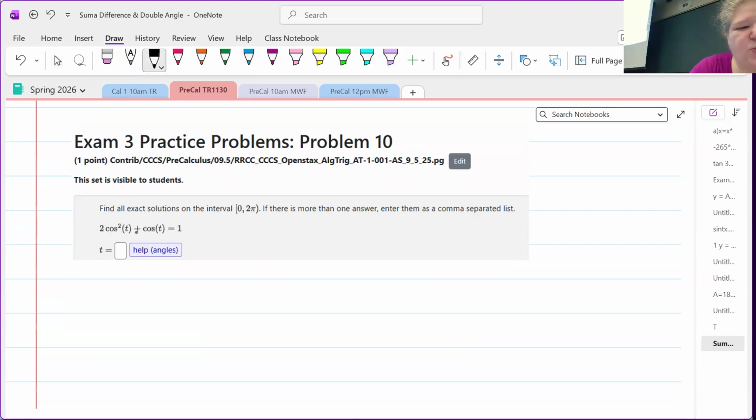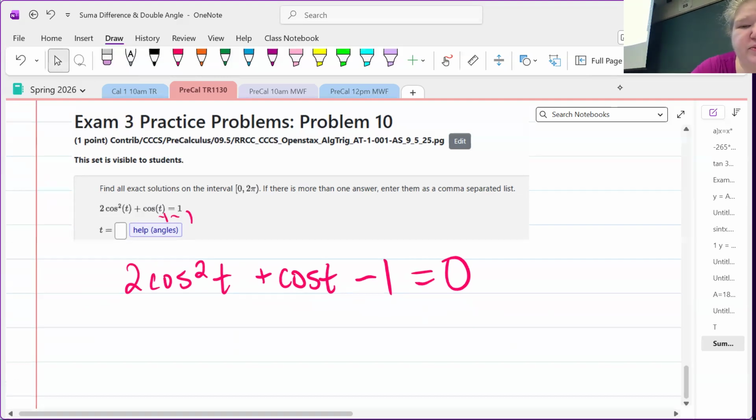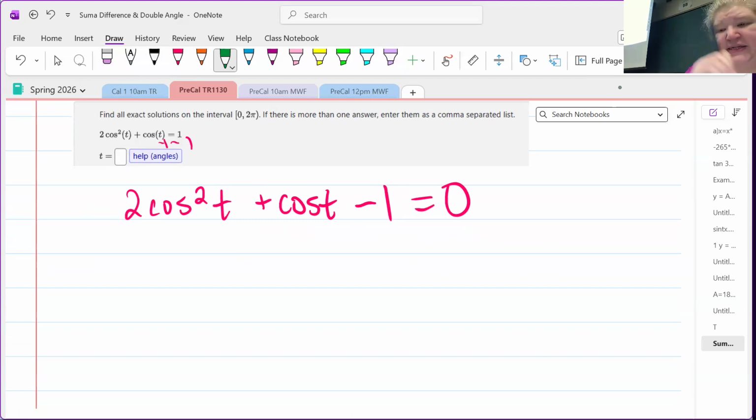So we have 2 cosine squared t plus cosine t is equal to 1. The first thing I'm going to do is subtract 1 so that everything is equal to 0. So 2 cosine squared t plus cosine t minus 1 equals 0. Now, we have a quadratic written in terms of cosine of t. If looking at the cosines is too much for you, we can trade out the cosine t's for u, for ugly.